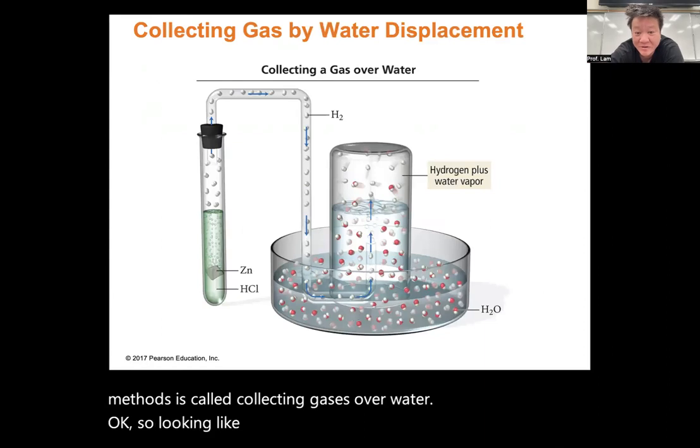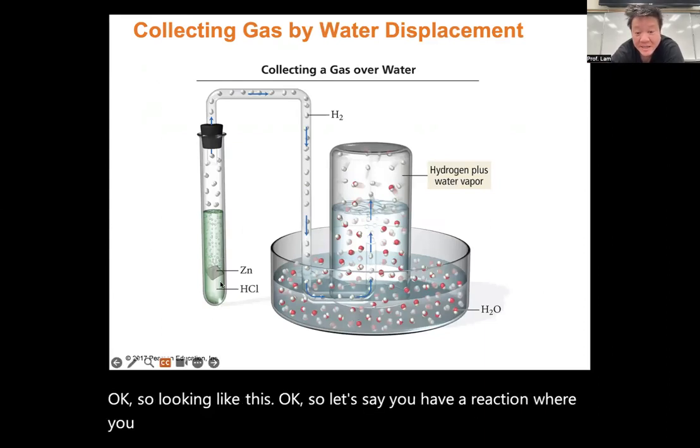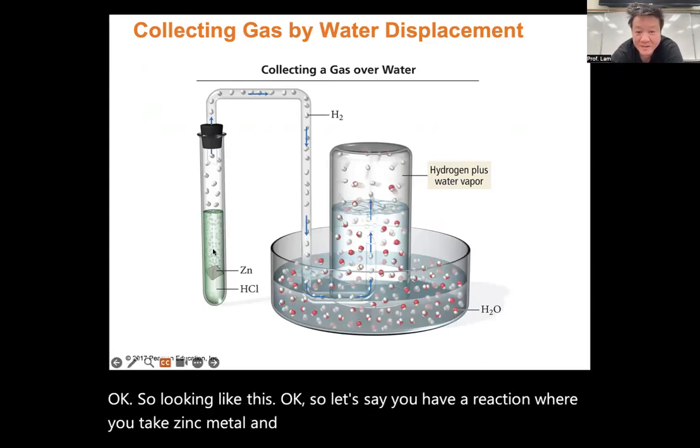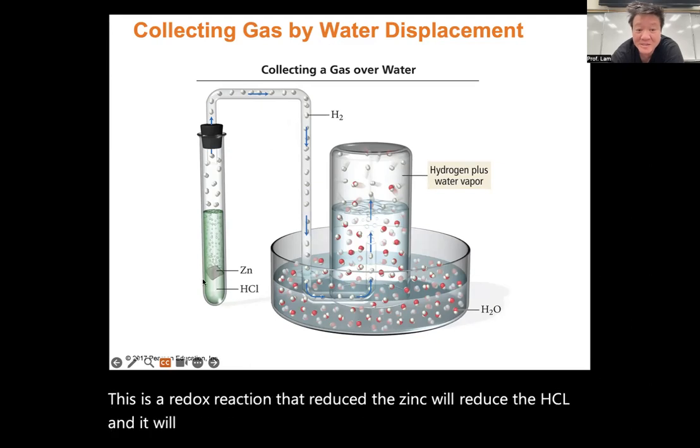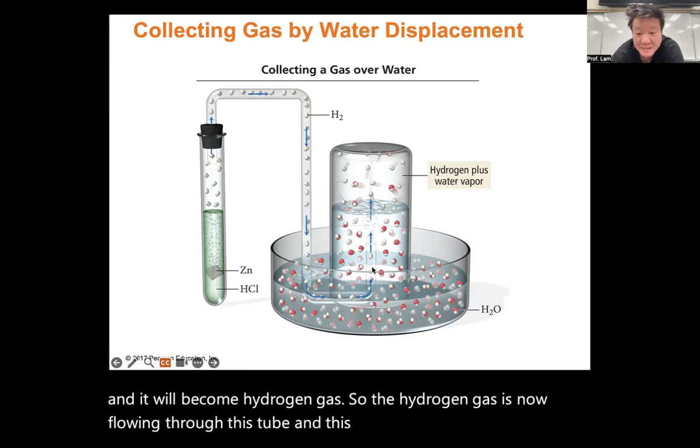Let's say you have a reaction where you take zinc metal and HCl. This is a redox reaction where the zinc will reduce the HCl, and it will become hydrogen gas. The hydrogen gas flows through this tube, which is routed into an upside down beaker full of water.